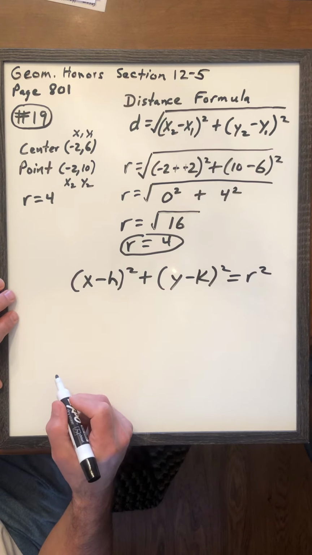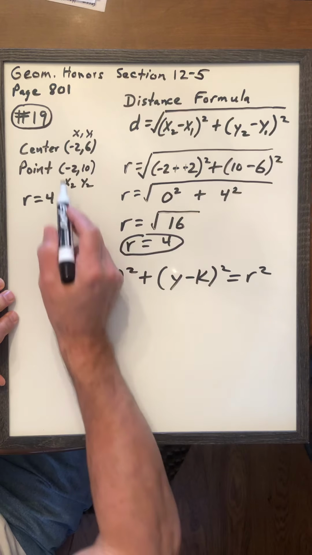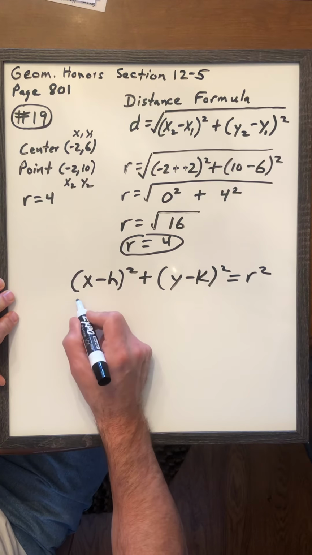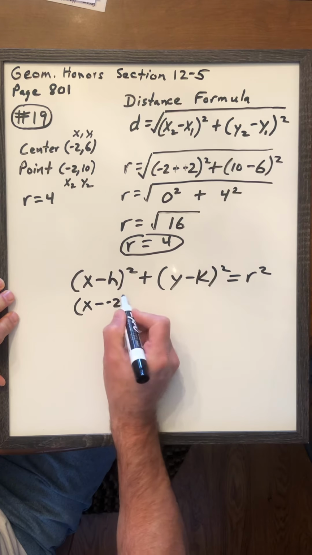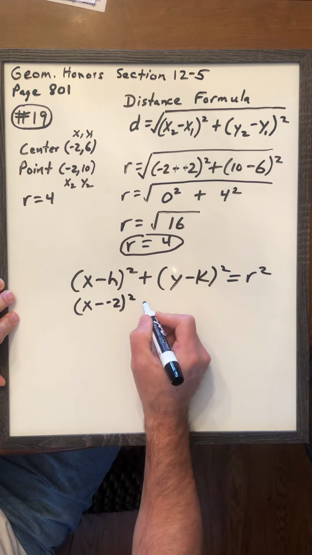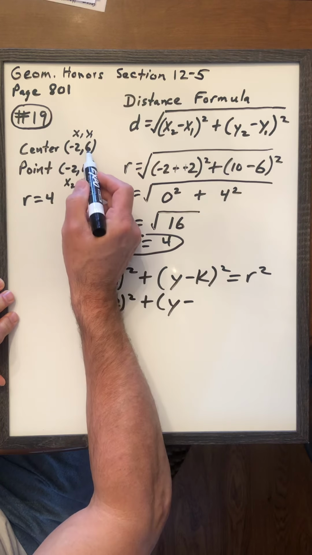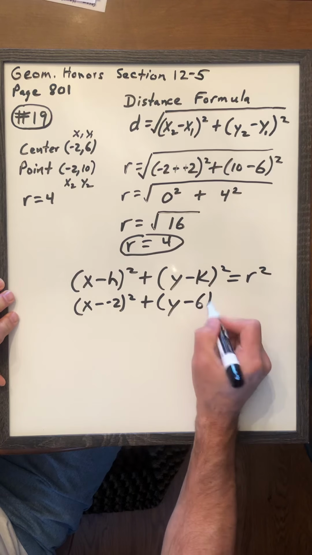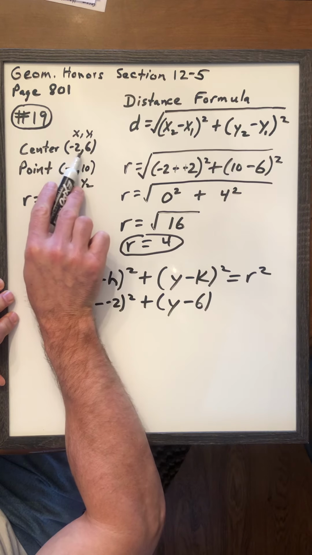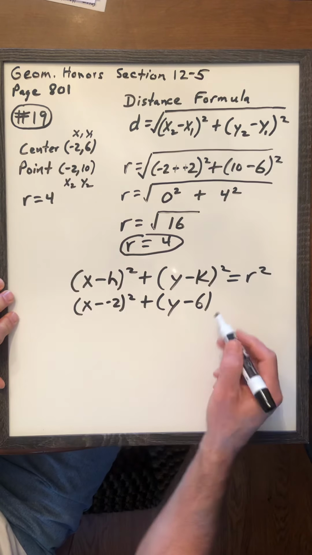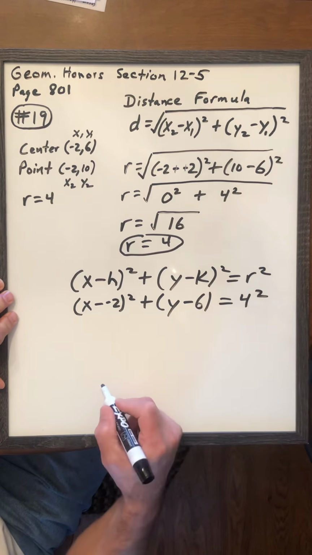Now I plug in my center: the h would be -2, so x minus a negative -2, squared, plus y minus my k, which is 6. Again, make sure you're using the center here: this would be the h, that would be the k. Then equals my radius, which I plug in as 4.